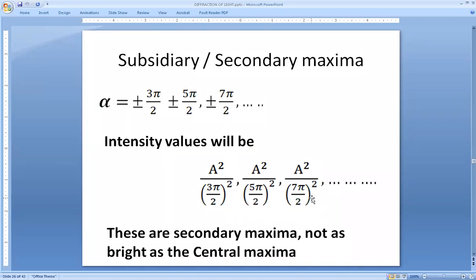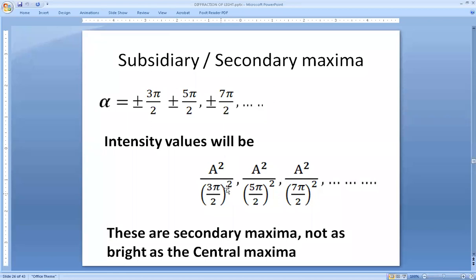Just observe the series. The series is a decreasing series. It means as the alpha value increases, as the order increases, the terms are going to be much, much smaller. See, for the principal maxima, we found the intensity as a square. The next one is a square divided by something. Please observe this, 3 pi by 2. 3 pi by 2 means roughly 3 pi is 10, by 2. So 10 by 2 means it is close to 5 square.